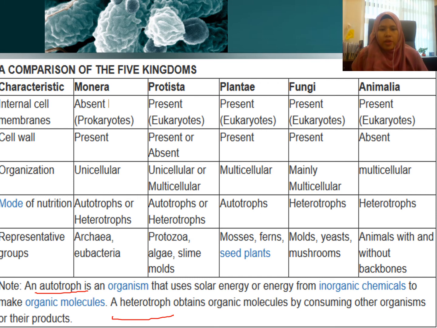Monera is the archaea and eubacteria, the prokaryotes. Protista is the protozoa, algae, slime molds. Plantae is mosses, ferns, seed plants. Fungi is the molds, yeast, mushrooms. Animalia is all the animals with or without backbones. Alright, so I think that's the introduction for the 5 kingdoms.